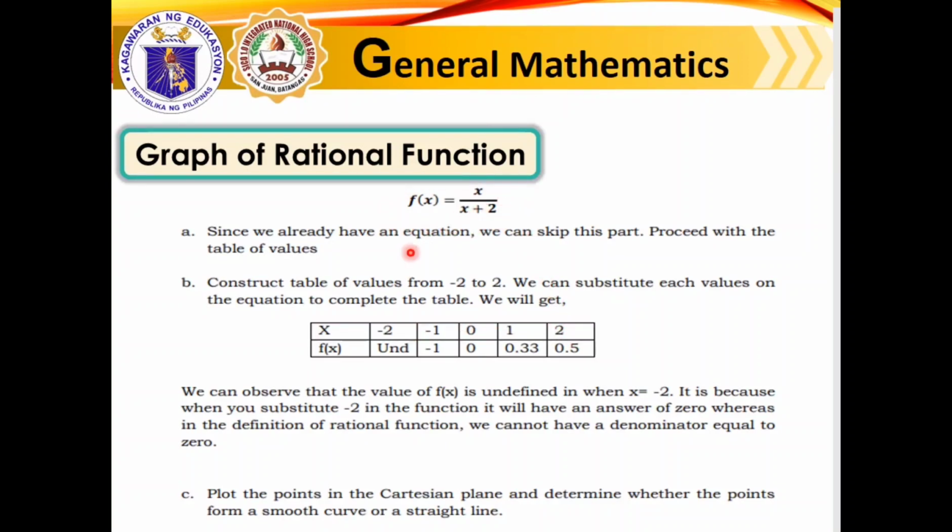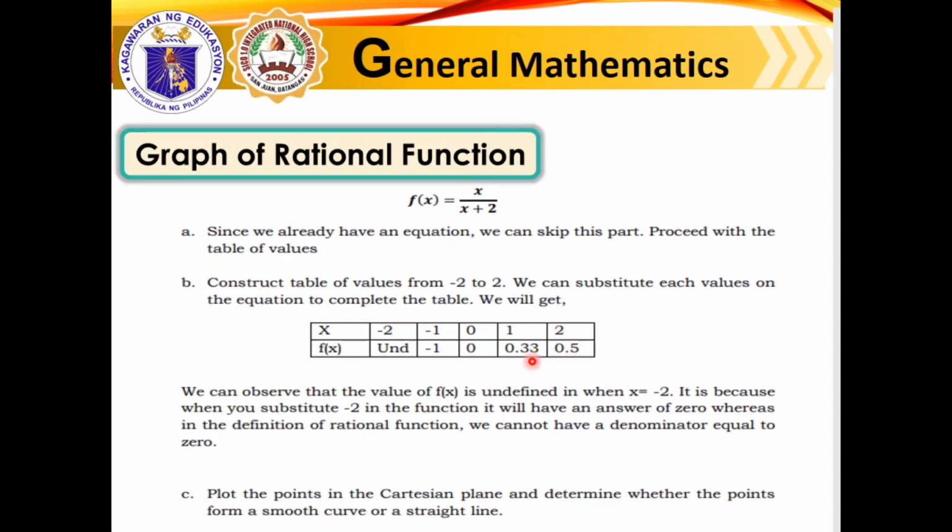So the f of x values are first undefined, then for negative 1, it will be negative 1 divided by negative 1 plus 2, which is negative 1 divided by 1, which is negative 1. Then for 0, it equals 0. For x equals 1, it will be 0.33, and for x equals 2, it will become 0.5.